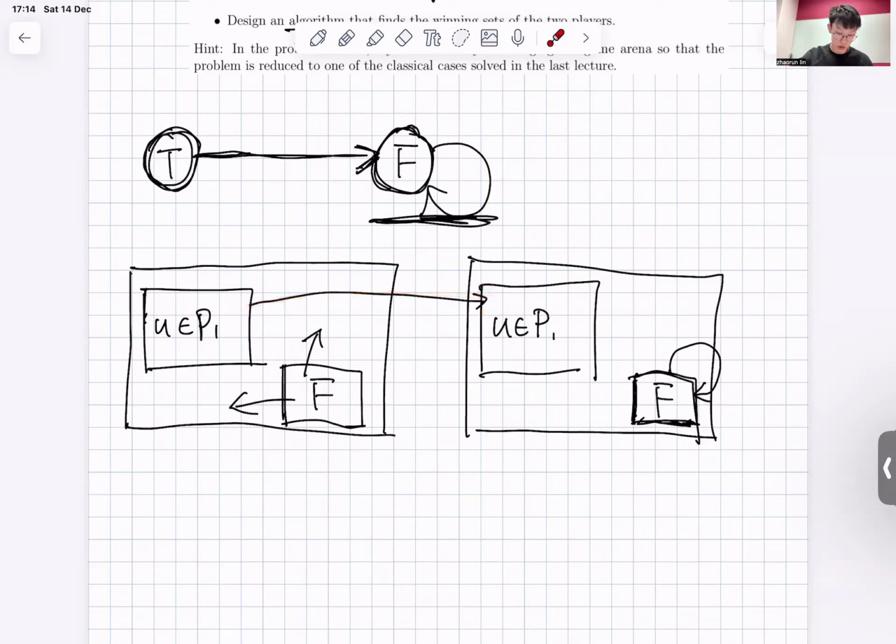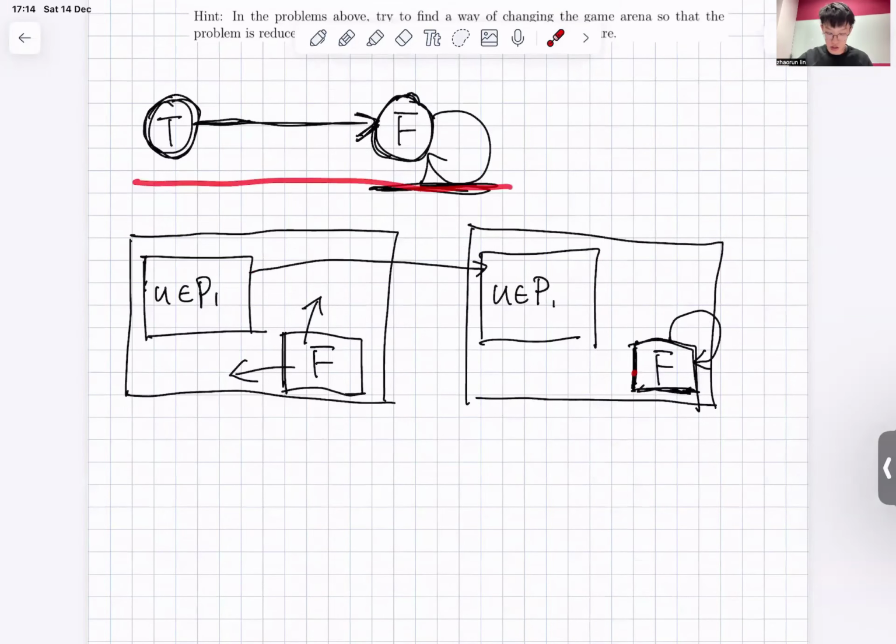And if player 1 chooses to go to the second copy, then in the second copy, it is the same reachability game you have learned in the lecture. We have transformed it here. We want to avoid visiting F. As long as we visit F, we will stay in F forever. So from here, it is the same reachability game.